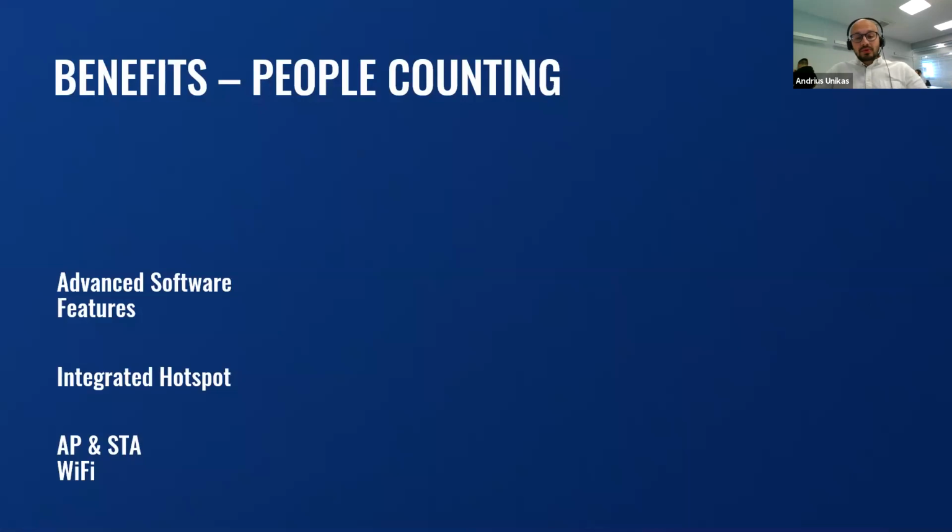As all our products, it has integrated hotspot functionality, offering flexible configuration options for various access rights, data limits, and speeds. Also, it comes with Wi-Fi, which can work in access point or station mode or both modes at the same time.